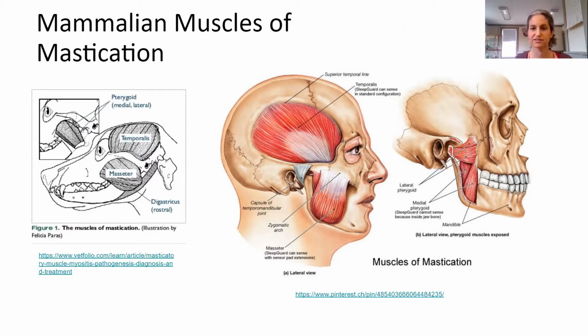And so you can see on our lovely Didelphis here that there's quite a bit of space for attachment of that masseter muscle.